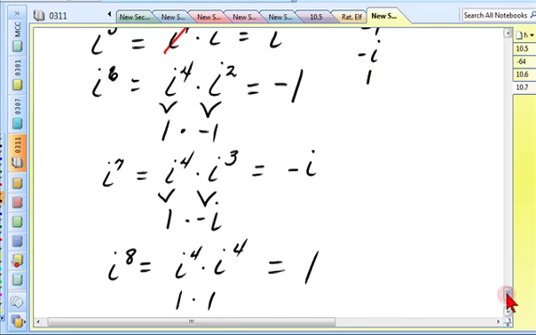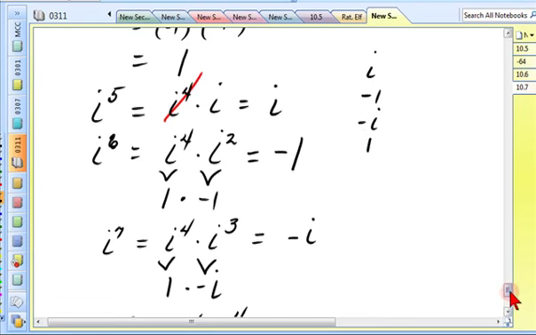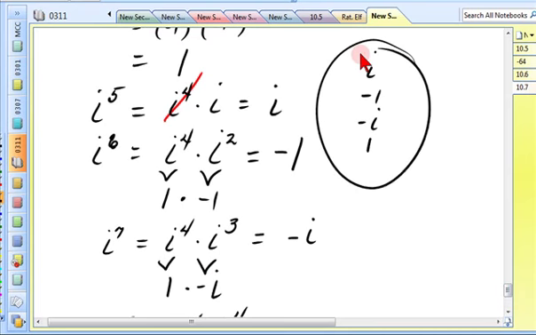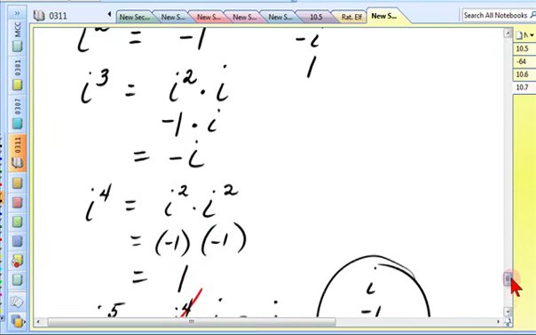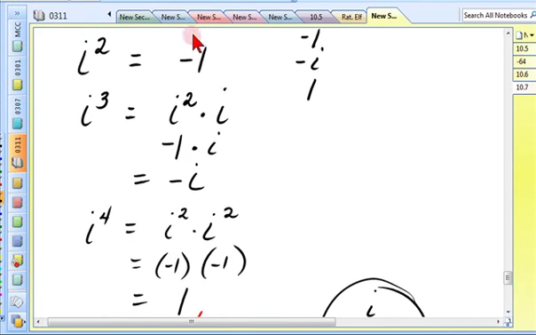Those are the only 4 values that I to any power can be. That's it. Those 4. So if you could remember the first 4, or recreate them if you forgot something, you could find I to any power.